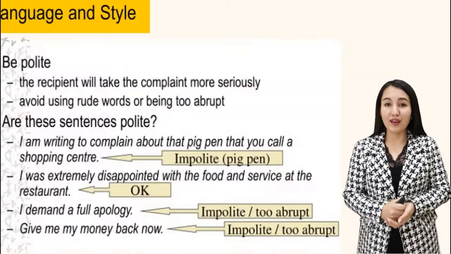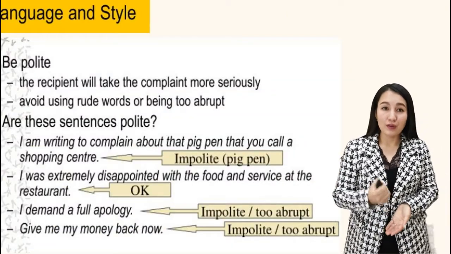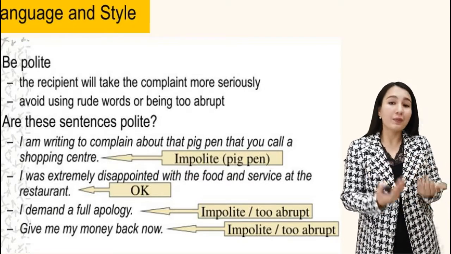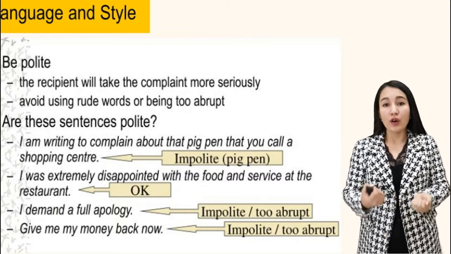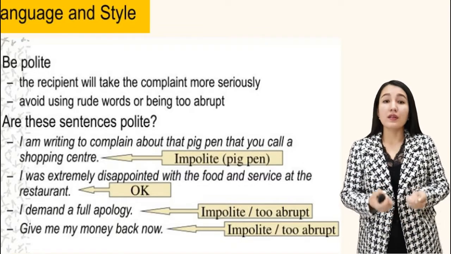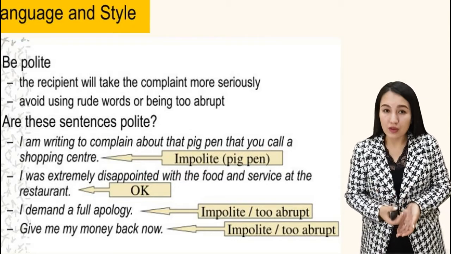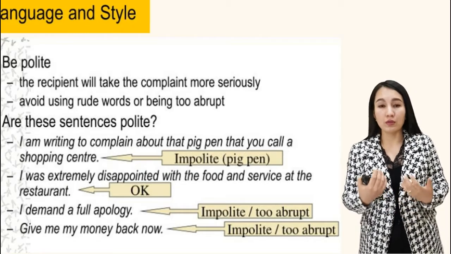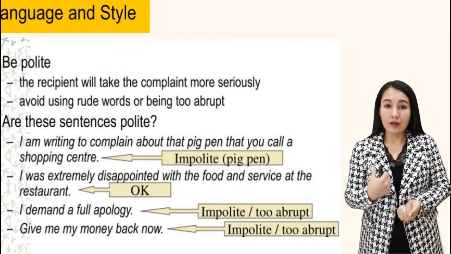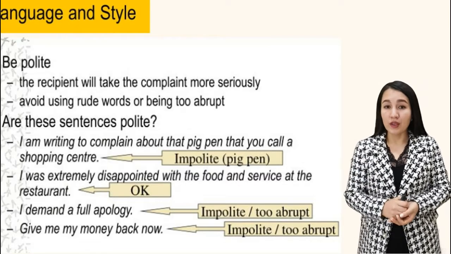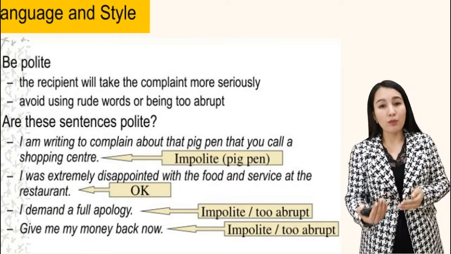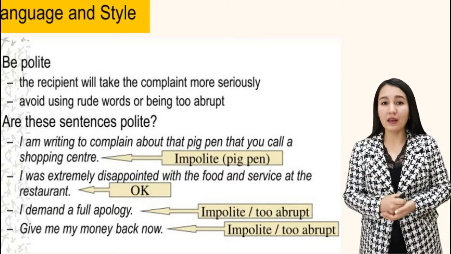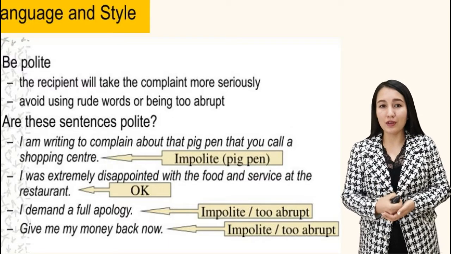On the screen you can see language and style. When you write a complaint letter, even if you are complaining about something, try to be polite. The recipient will take the complaint more seriously. Avoid using rude words and being too abrupt. Here, you can evaluate whether the sentences are rude or polite. Let's read the first one: I am writing to complain about the pig pen that you call a shopping center.